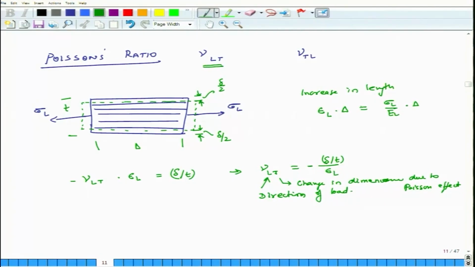So, in nu LT, the first index tells us the direction of load and the second index tells us the direction of change in dimension due to the Poisson effect. That is why it is called nu LT.